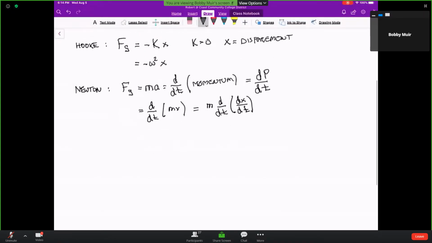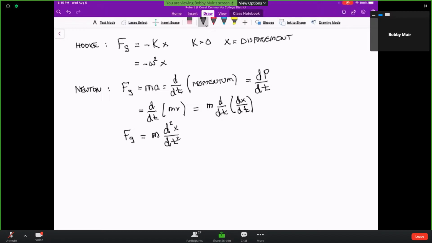From back in our Calc 1 days. And so what we're going to get is that the force due to gravity for Newton is going to be m times d squared x/dt squared. That's what we get.